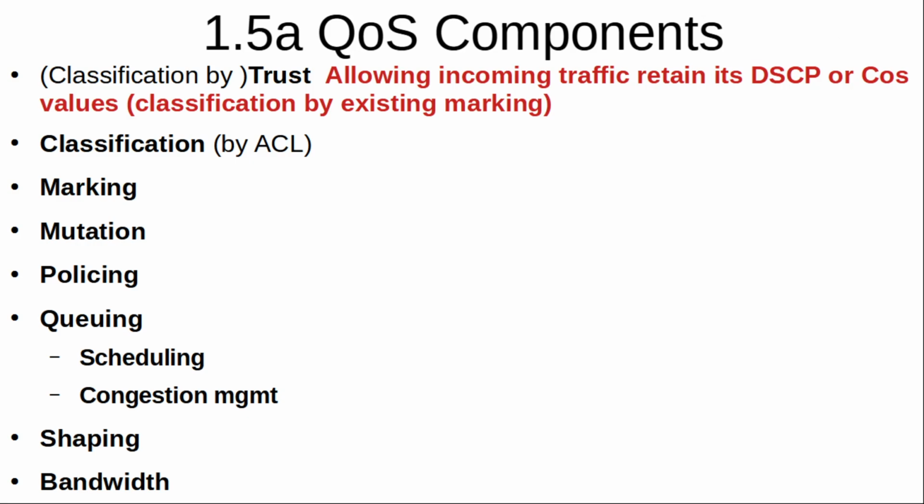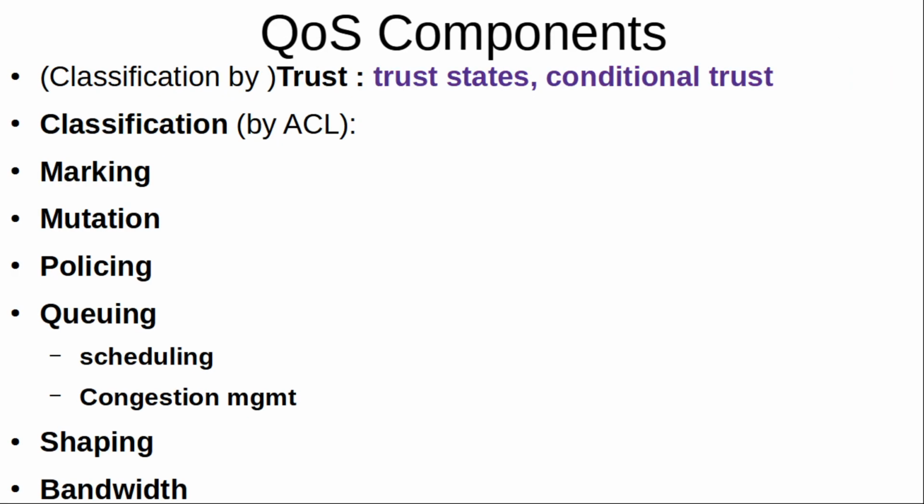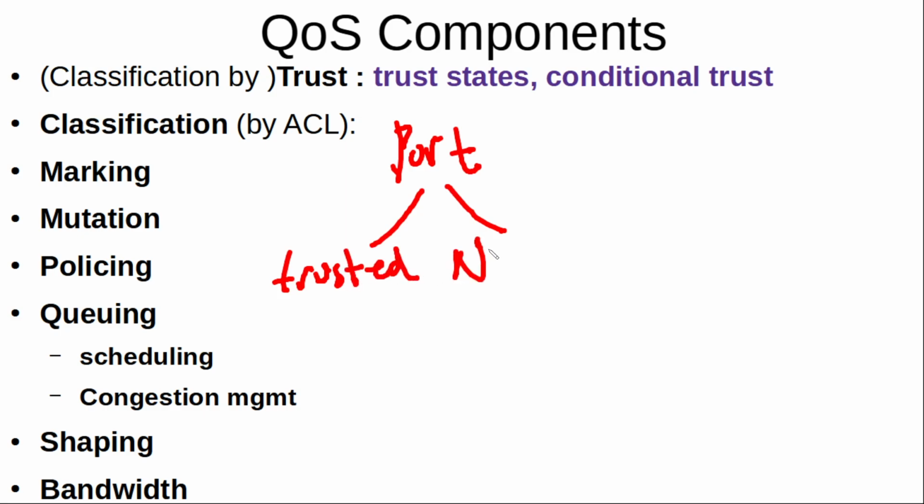So what are the features that we have with trust in Cisco? Every single switch port in Cisco may live in two states: in trusted state or in not trusted state.